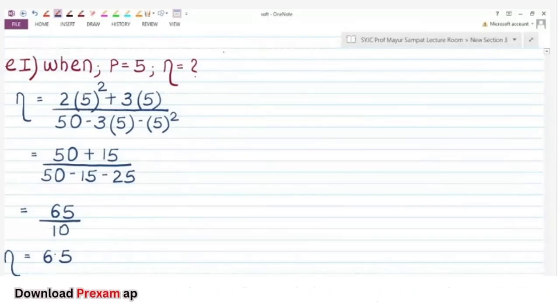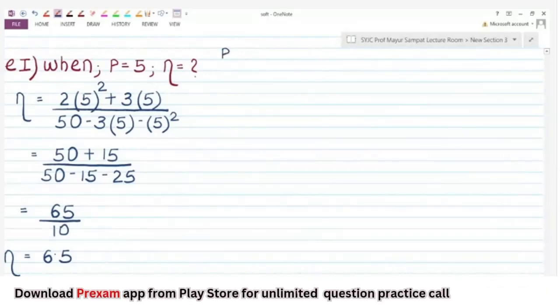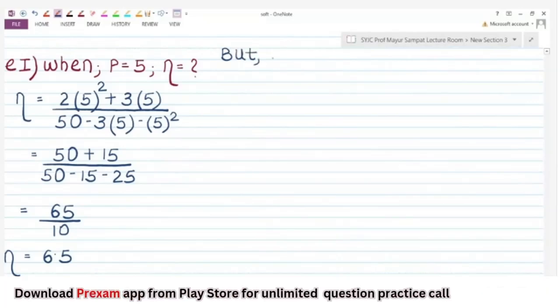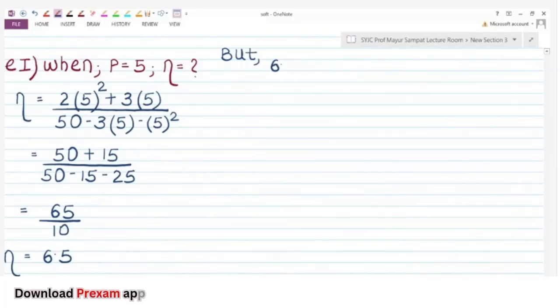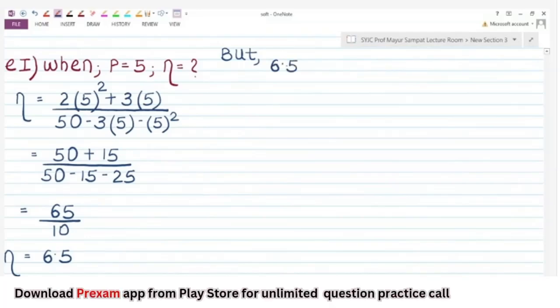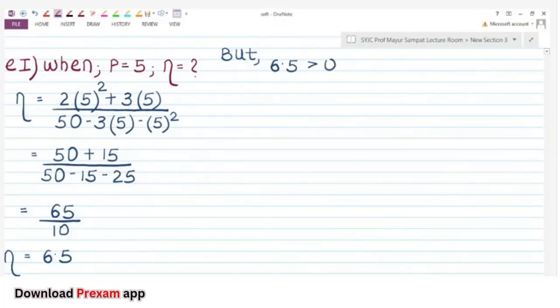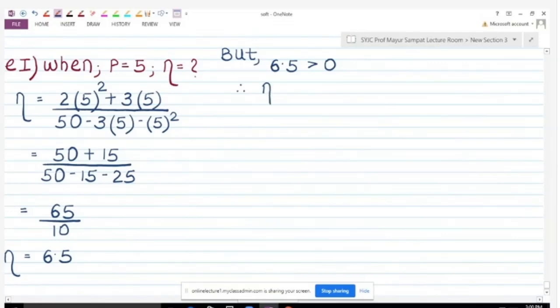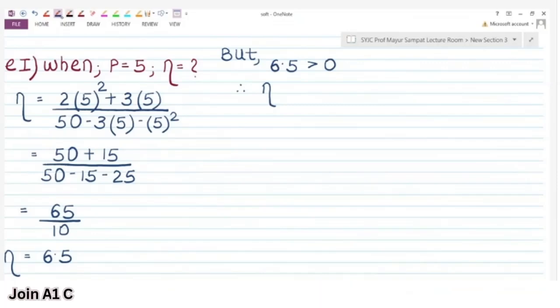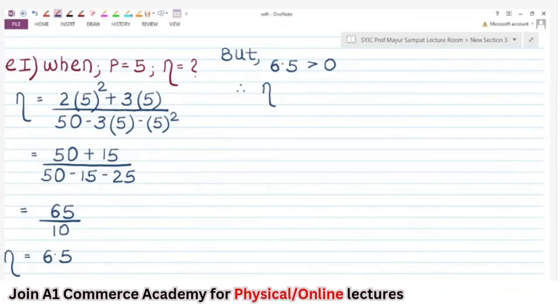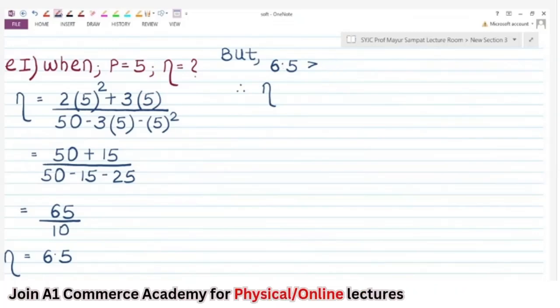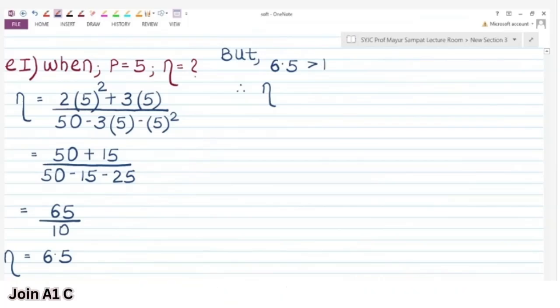But 6.5 is greater than 0. Sorry, not greater than 0, directly greater than 1. 6.5 is greater than 1.